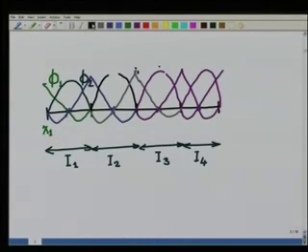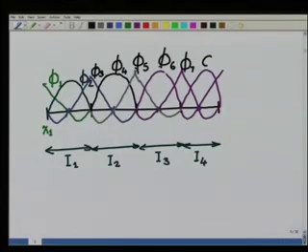So this was phi2, this is going to be phi3, this one is going to be phi4, this one is phi5, this one is phi6, phi7, phi8, and then phi9. So here I have the 9 phi's which I have constructed.